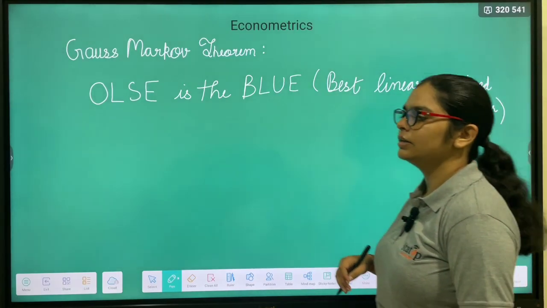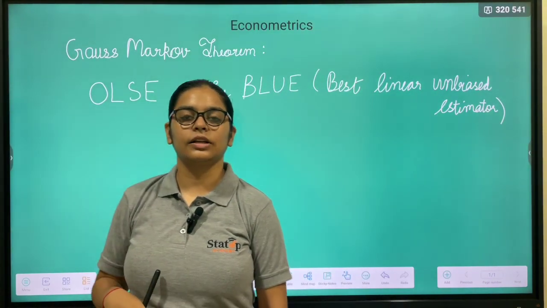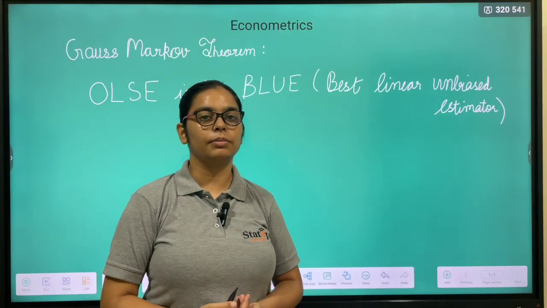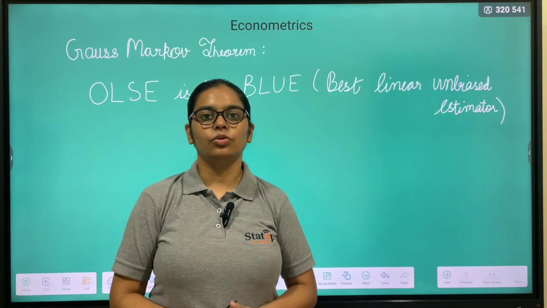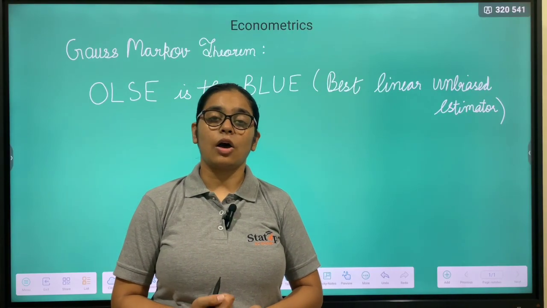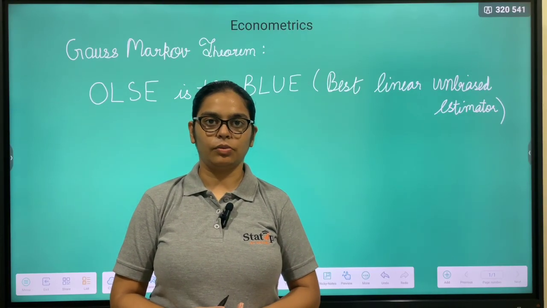Which says that in the multiple linear regression model we have calculated OLSE, the ordinary least square estimator beta cap, which had the value (X'X)^-1 X'y. It is the best out of all the other estimators of the model.